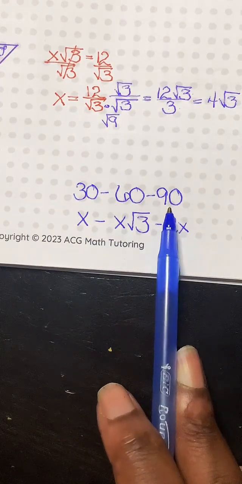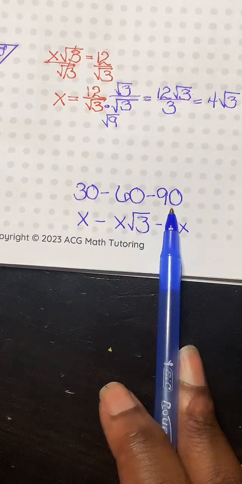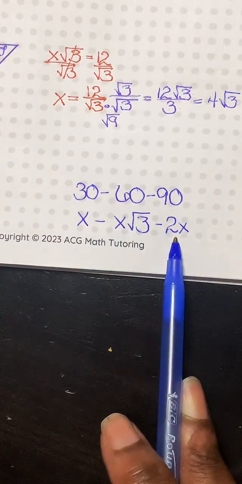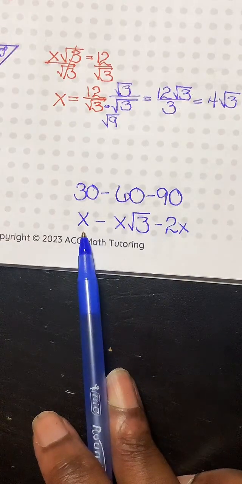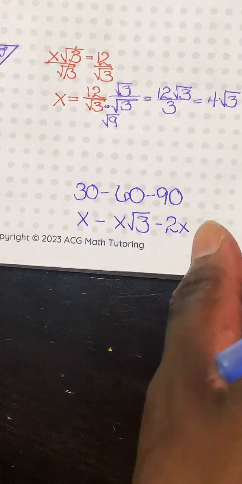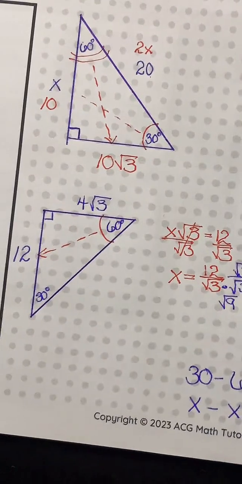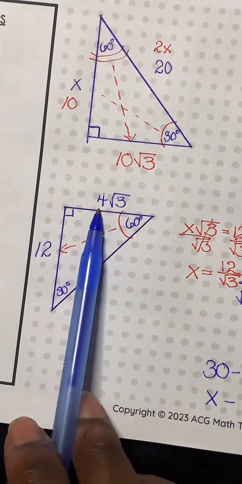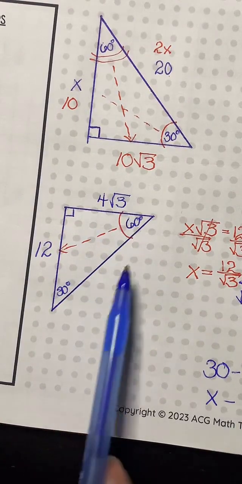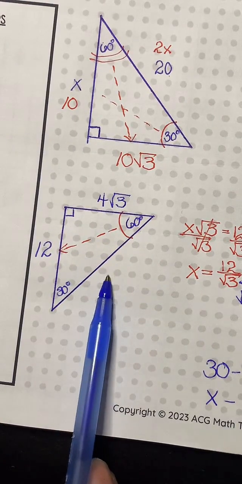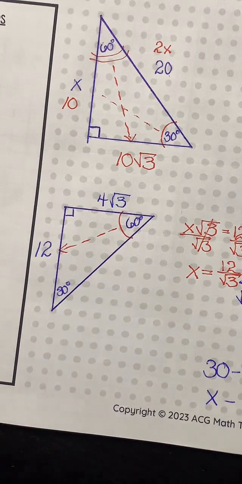And the side directly across from the 90 degrees, your hypotenuse, is always twice the size of your smallest. So we found the smallest, which is 4 square root of 3. Now we need the hypotenuse. The rule is called the 30-60-90 degree rule.